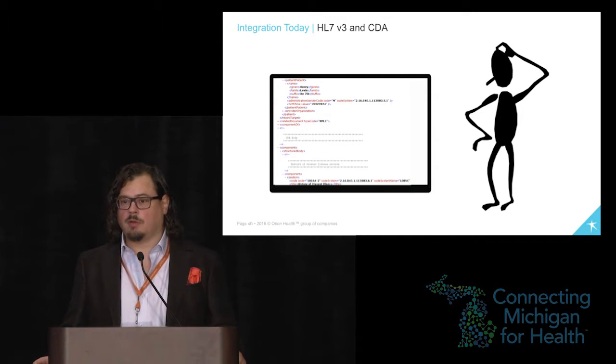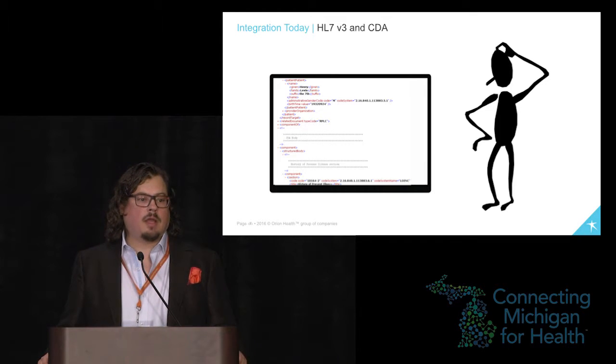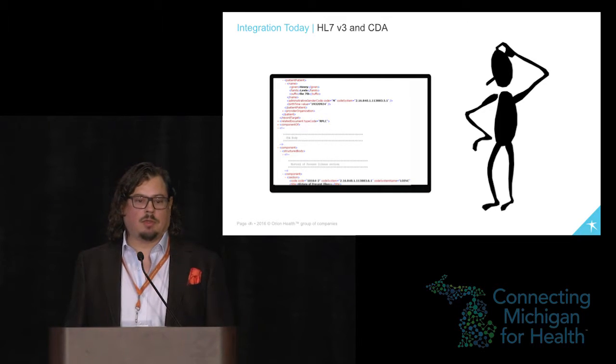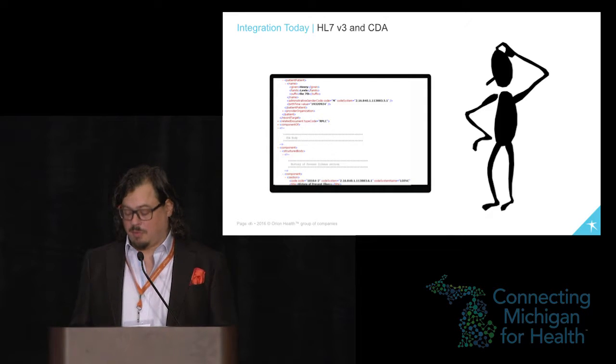I've heard people talk about needing a degree in informatics to understand it. It wasn't just simple XML, it was complex XML, wasn't easy to read, and therefore didn't get as much traction as it might have otherwise.